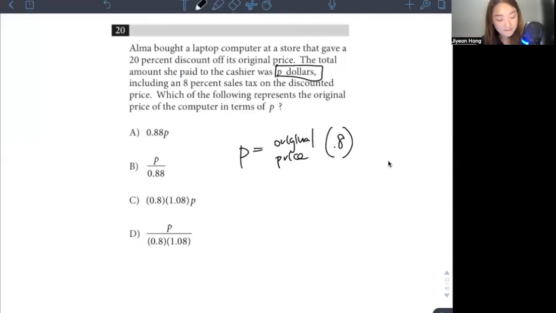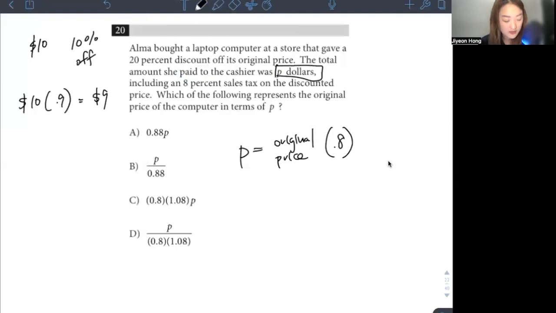If a shirt is $10 and it's 10% off, you should not be doing $10 times 0.1 and then subtracting that from $10. Instead, you should immediately recognize I can multiply $10 by 0.9 and solve for the new cost of this shirt.